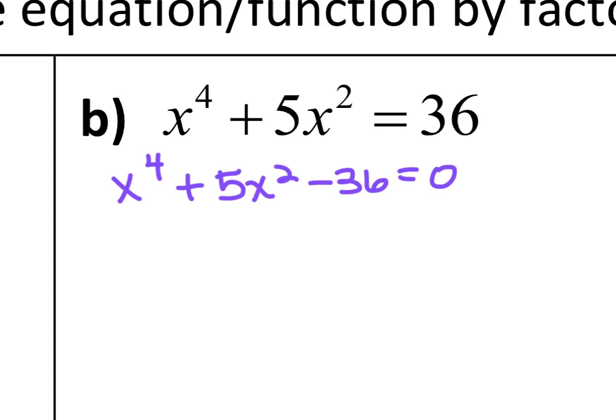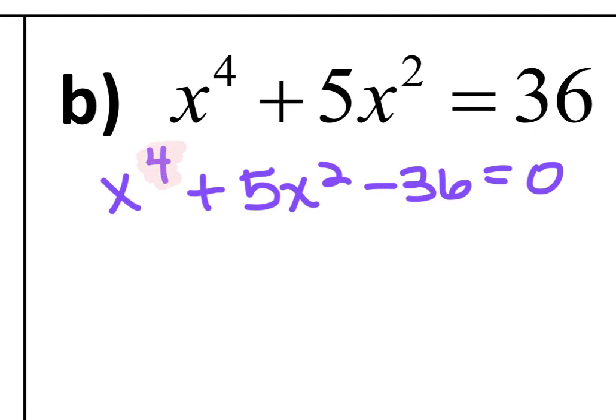And what you want to think here, look at the x to the 4th and look at the x squared. And because x squared is x to the 4th, let's rethink this problem and think, when you're factoring, x squared plus 5x minus 36.